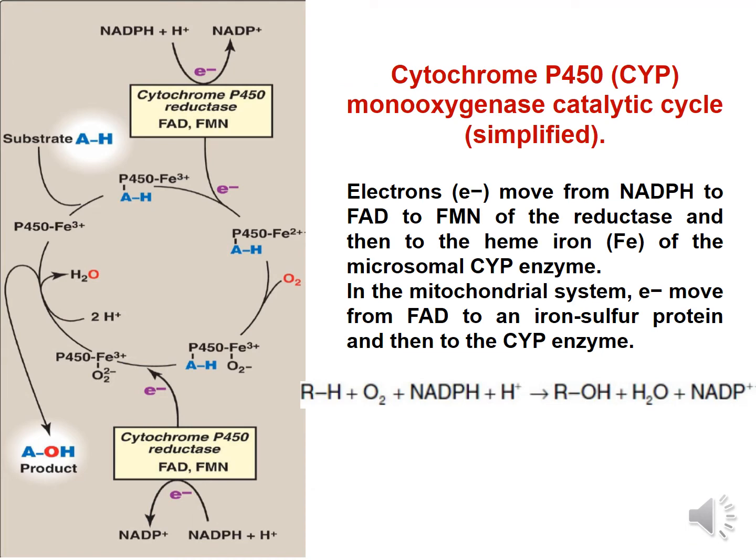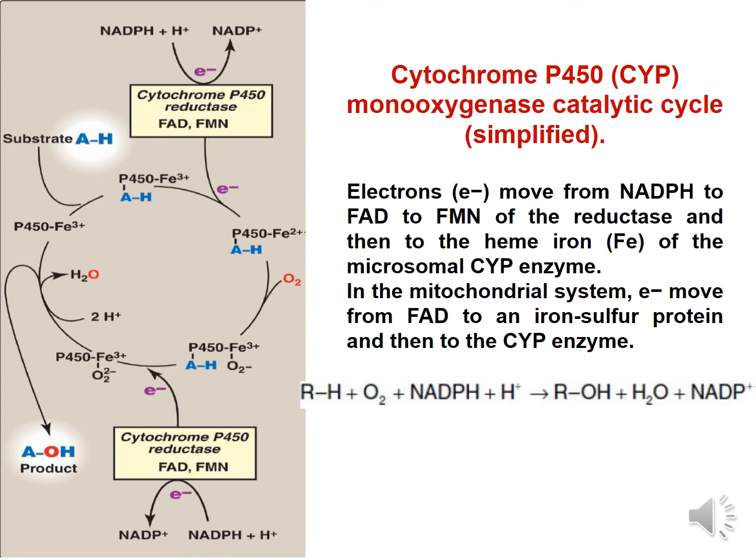To simplify this reaction, electrons move from NADPH to FAD and FMN of the reductase and then to the heme iron of the microsomal cytochrome P450 monooxygenase enzyme. In the mitochondrial system, electrons move from FAD to the iron sulfur protein and then to the cytochrome P450 monooxygenase enzyme.